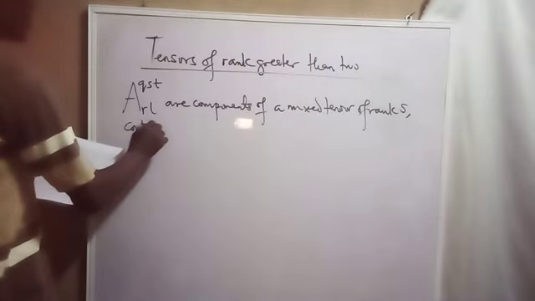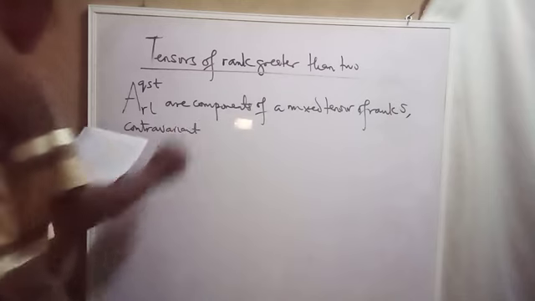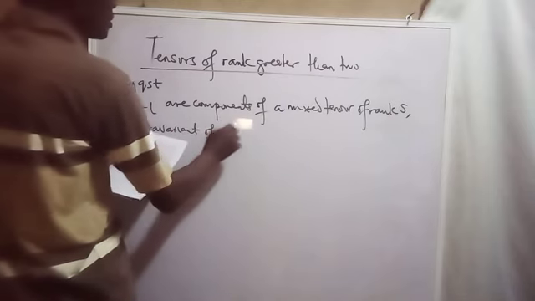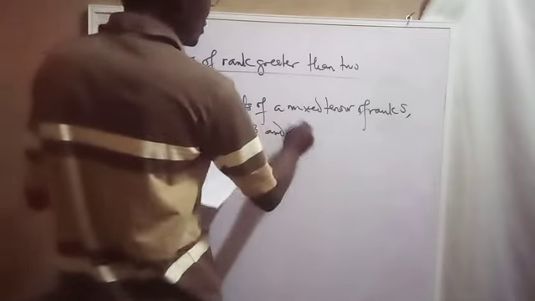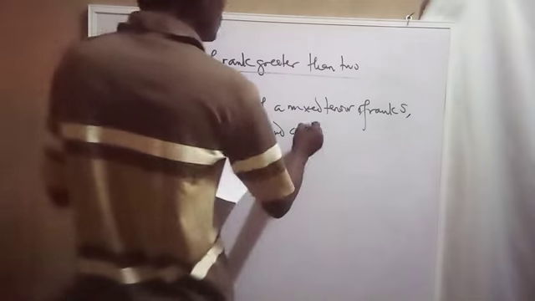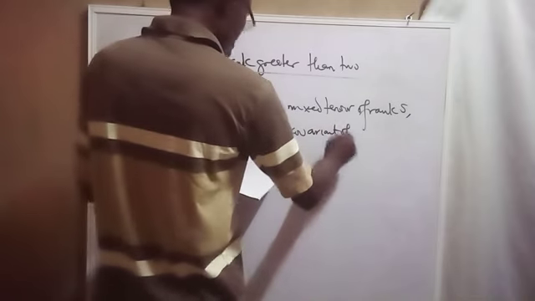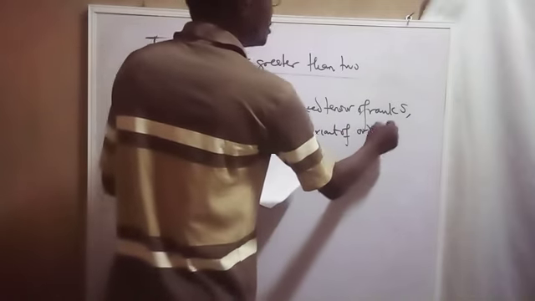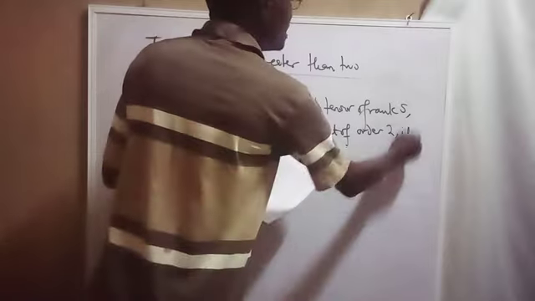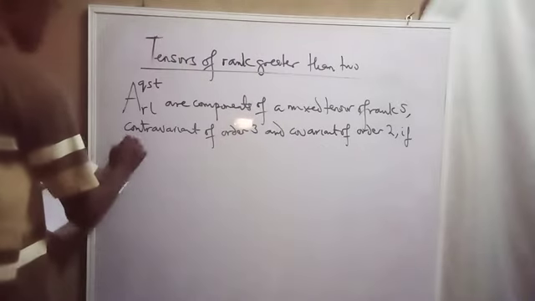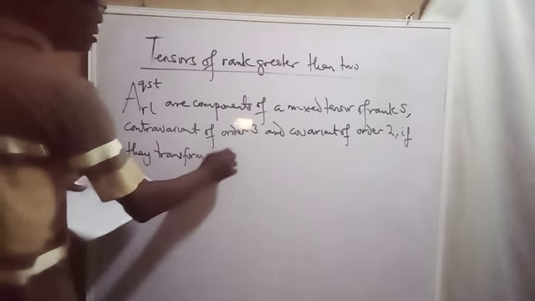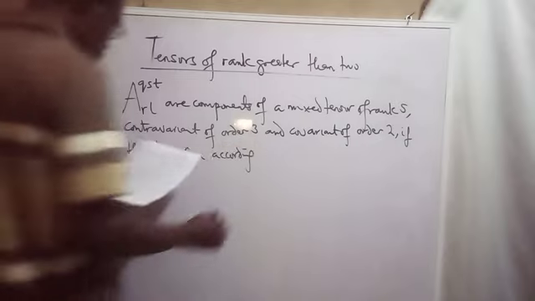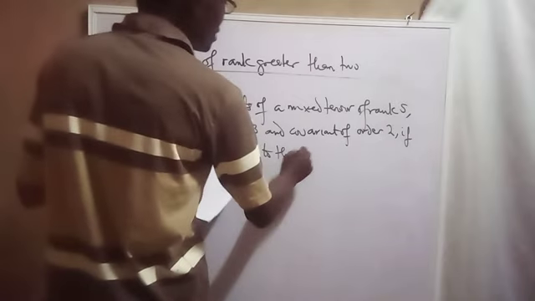Contravariant of order 3 and covariant of order 2, you can use order for rank, if they transform according to the relations. Let's look at how the transformation will look.